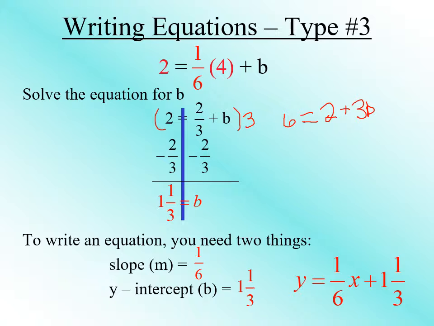If you subtract 2 from both sides, you get 4 is equal to 3b. Now we divide by 3, and we get b is equal to 4/3.